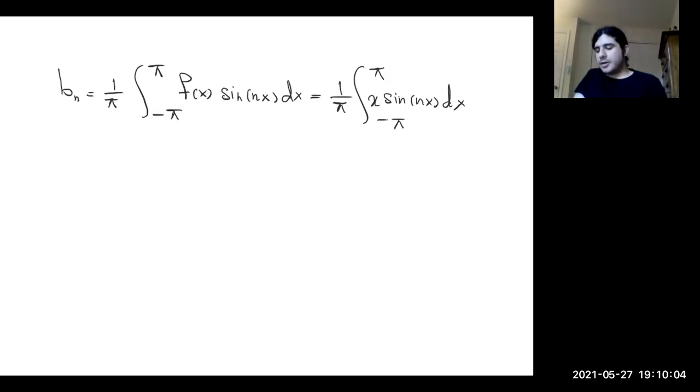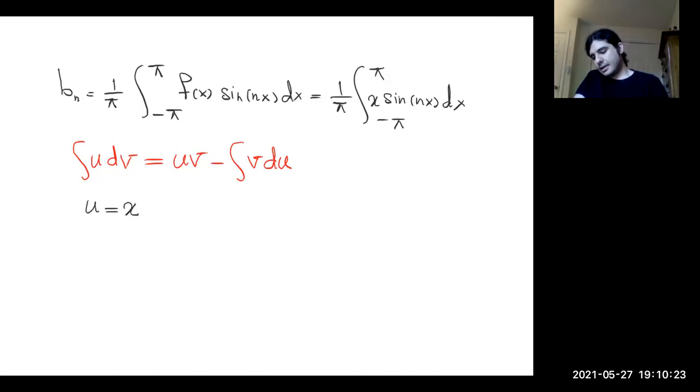Here I want to do integration by parts. Remember, the integral of u dv is equal to uv minus the integral of v du. So here I want to take u to be equal to x and dv to be equal to sin(nx) dx.